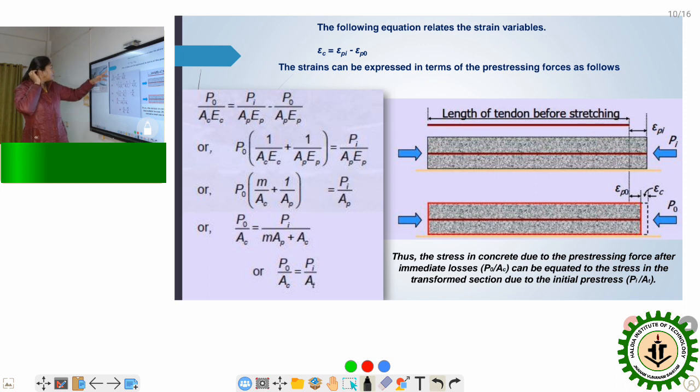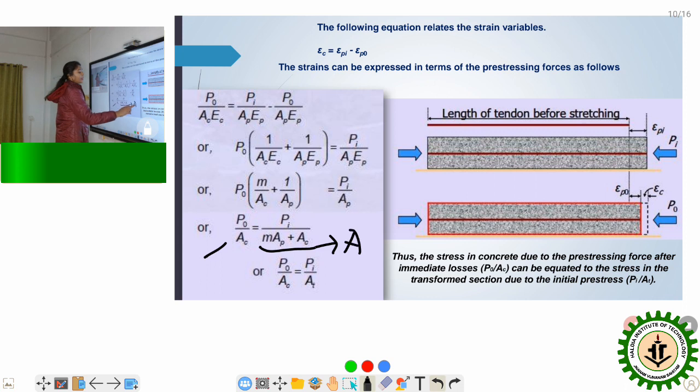So now for the strains to be compatible, we can write these strains in the form of P0 by Ac Ec, right? Similarly, we can write εpi as Pi by Ap Ep and εp0 as P0 by Ap Ep, right? So from there we deduce the equation and we come to a point where we can say that P0 by Ac is equal to Pi by (m Ap plus Ac), where m Ap plus Ac is the transformed section area.